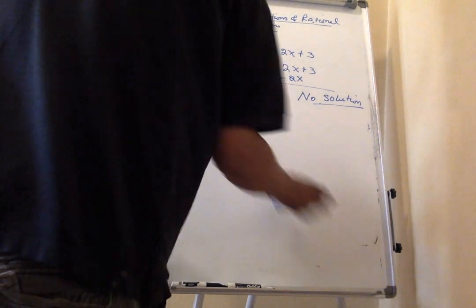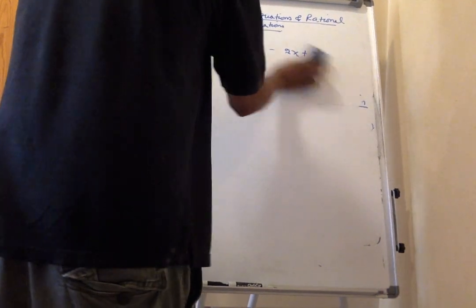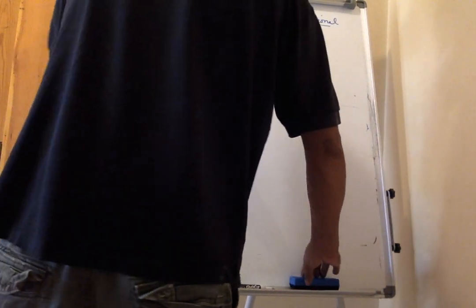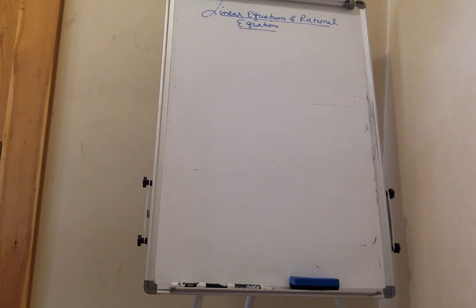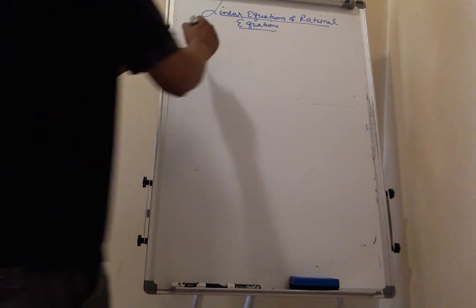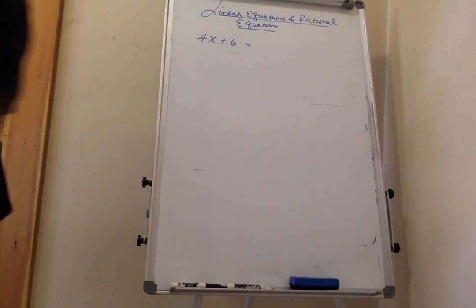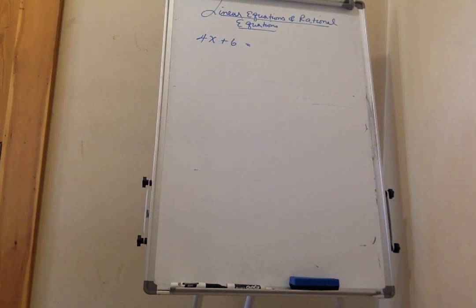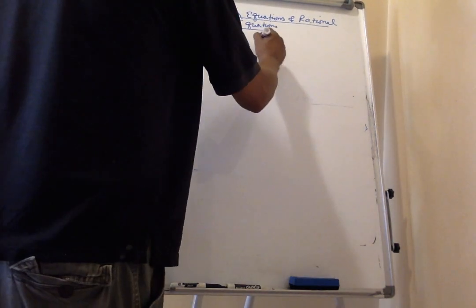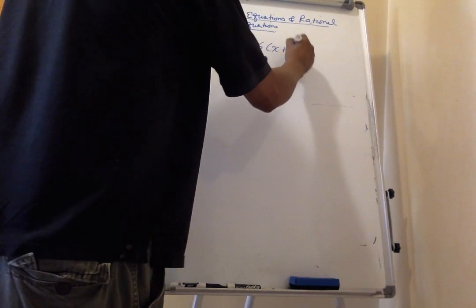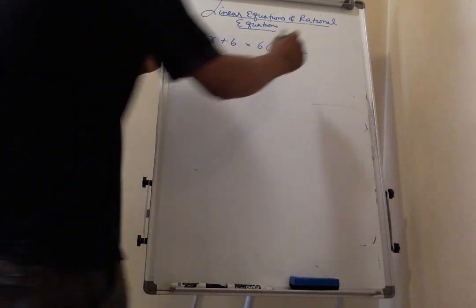And also you could face something similar but not the same. Look at this equation. 4x plus 6 is equal to 6 times x plus 1 minus 2x.